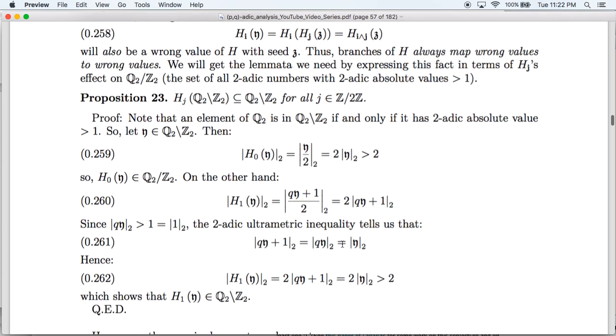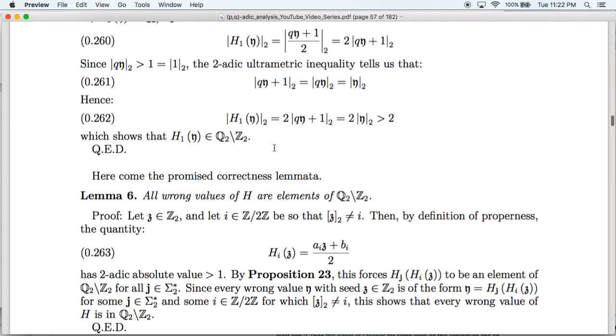So not only do the branches of H send Q2 take away Z2 into Q2 take away Z2, but it's actually an expanding map. It's going to make the inputs 2-adically larger.